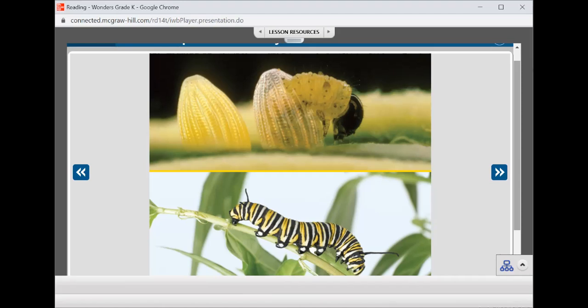The caterpillar uses its strong jaws to munch on the leaves. It uses other parts of its mouth to smell and taste the food. As the caterpillar grows, it molts or sheds its skin. This happens 4 or 5 times. After a few weeks, the caterpillar has reached its full size. Now it is ready for the next stage, stage 3.